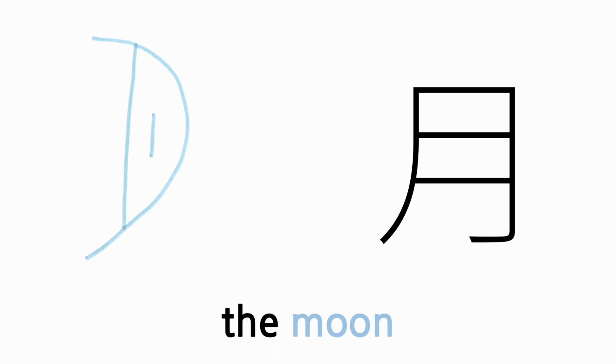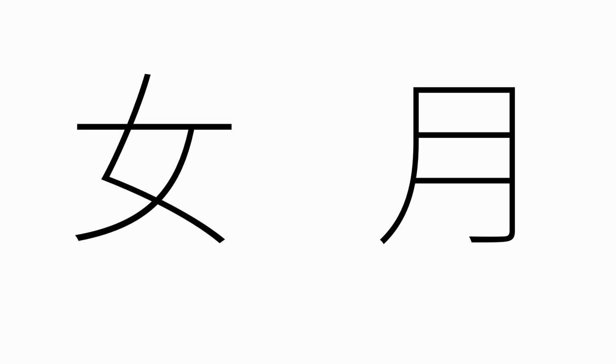For example, if you just take the word for woman or moon, and say, this is the word for woman and moon, they would be like, but that doesn't look like a woman, that doesn't look like any moon, right? But I would have to tell them, listen, you've got to just take this by faith, because originally the script looked a lot more like what it represents.